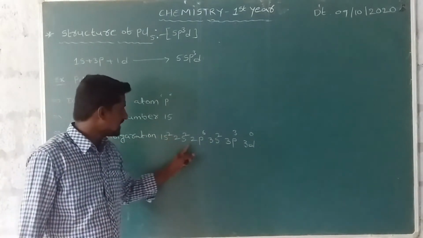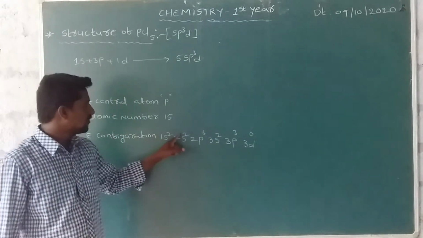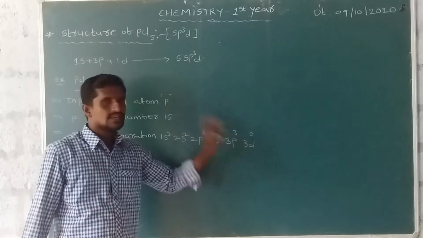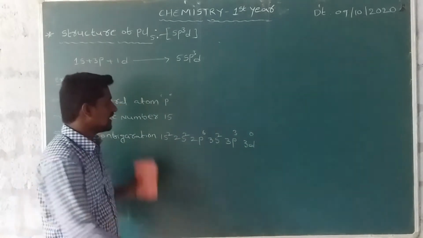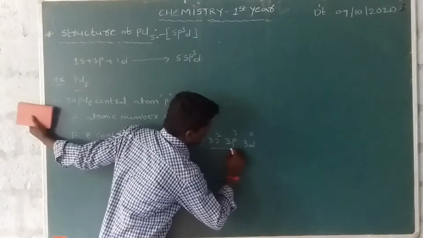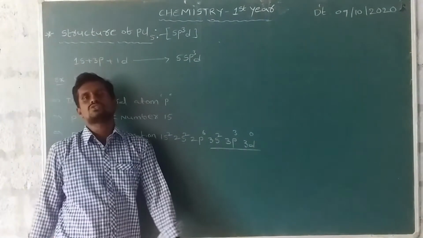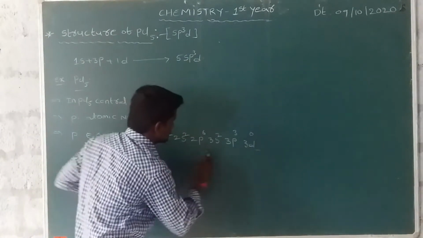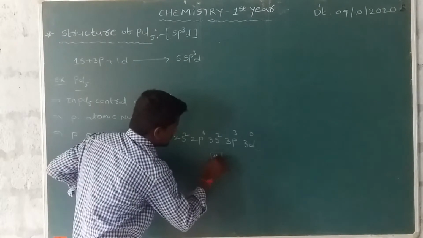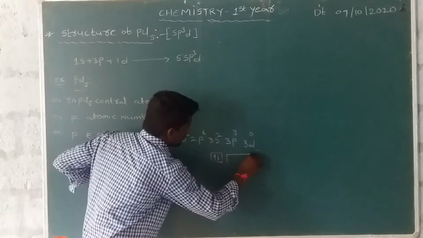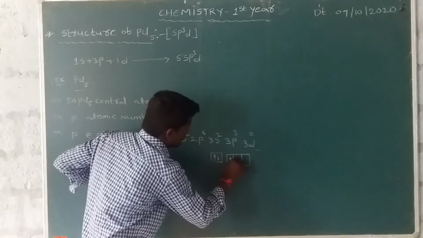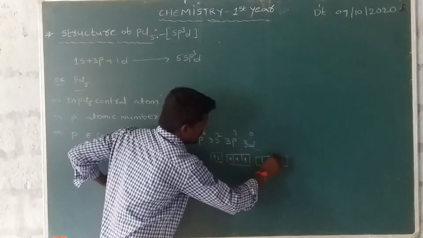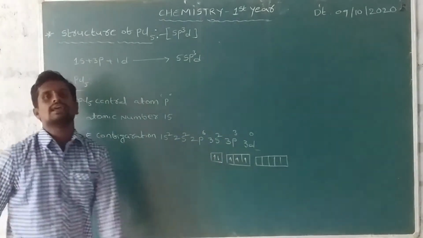How many electrons are in the configuration? 2, 4, 10, 12 and 13. 3d is 0. In this electronic configuration, 3s, 3p and 3d are the outermost orbitals. 3s has 2 electrons, 3p has 3 electrons and 3d has 0 electrons.